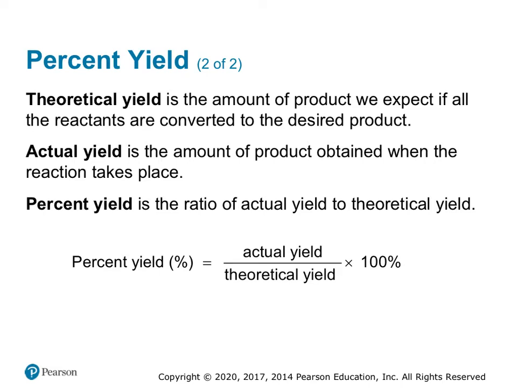So we have here theoretical yield, and that's the amount of product we expect if all of the reactants are converted to product. Theoretical yield is always calculated. So we calculate it using stoichiometry, using mass to mass conversions with mole ratios.